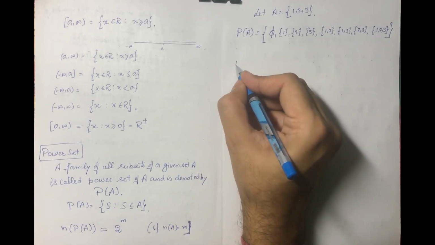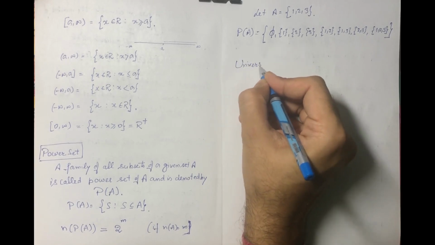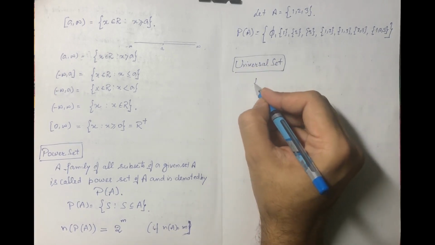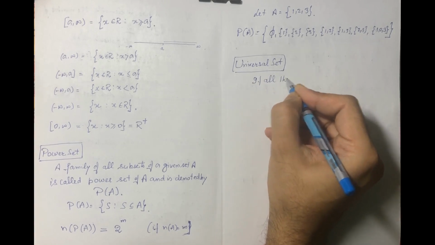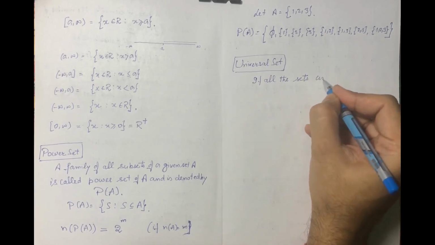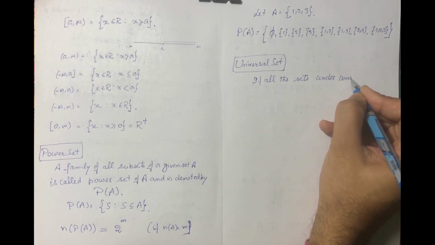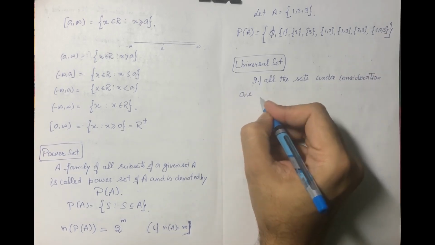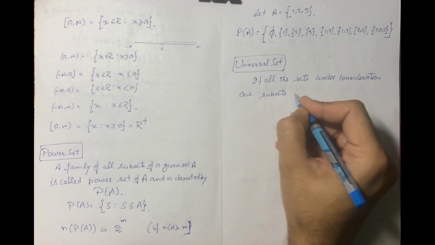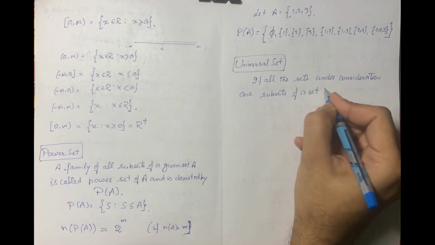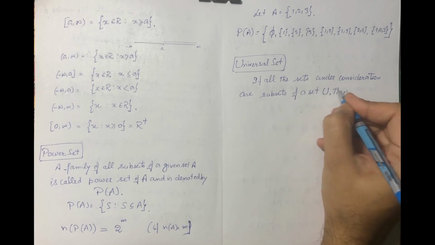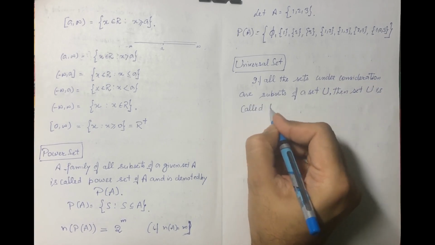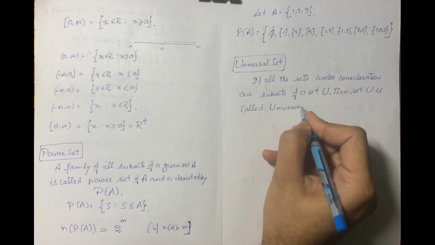Another set is universal set. So definition, if all the sets under consideration are subsets of a set U, then set U is called universal set.